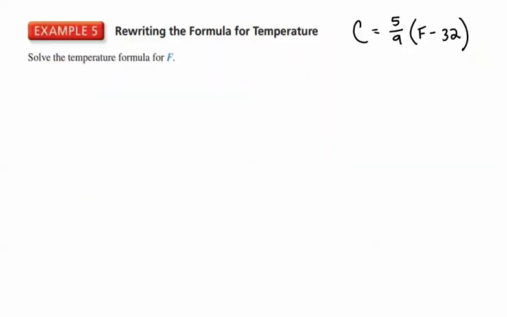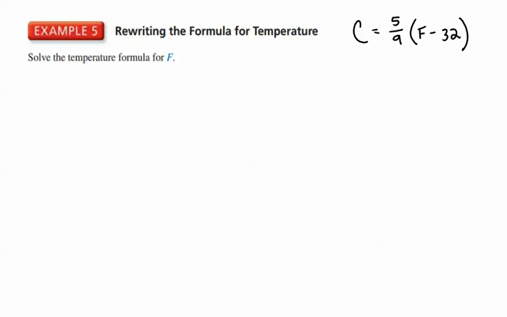Alright, in example 5, we want to rewrite the formula for temperature. We're given in the packet that the temperature in Celsius is 5/9 times the Fahrenheit temperature minus 32. At least in America, we usually talk about temperature in terms of Fahrenheit, so we would most readily know that.